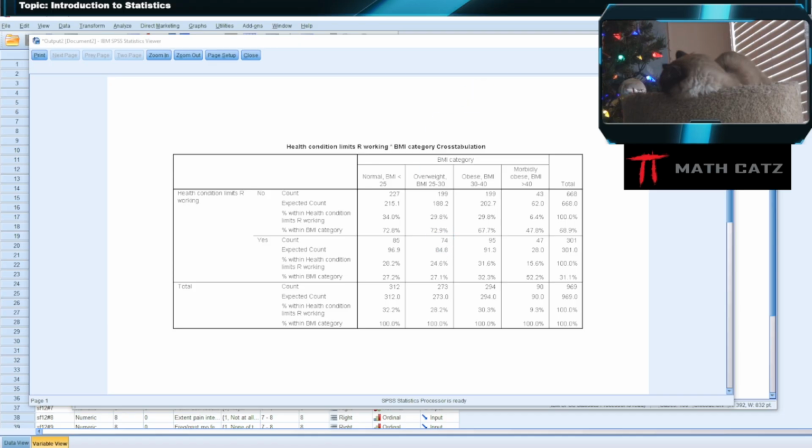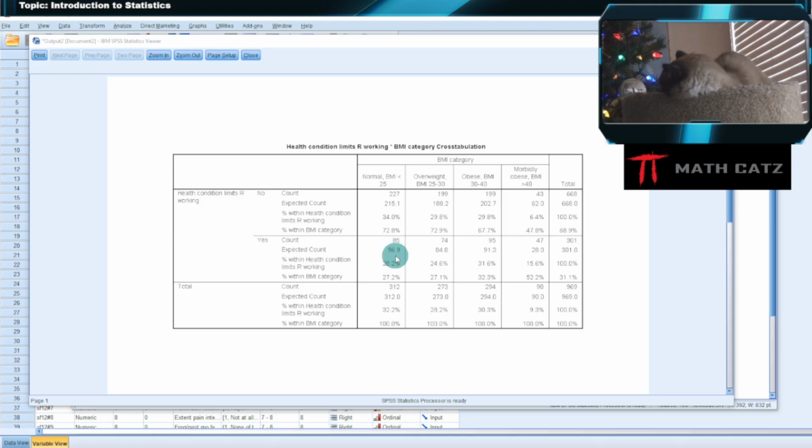One question we could ask, how many normal weight women in the normal BMI category were expected to have a health limitation or a health condition if BMI categories and health limitations were independent, were unrelated?